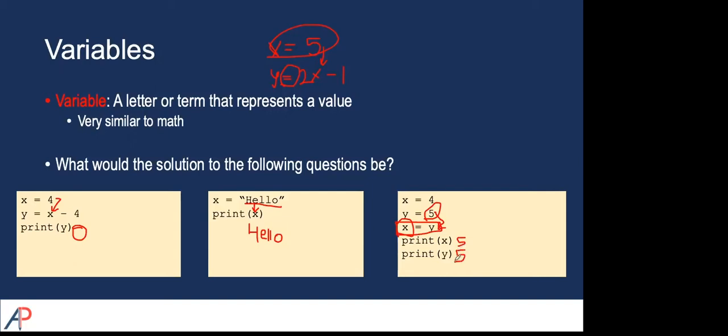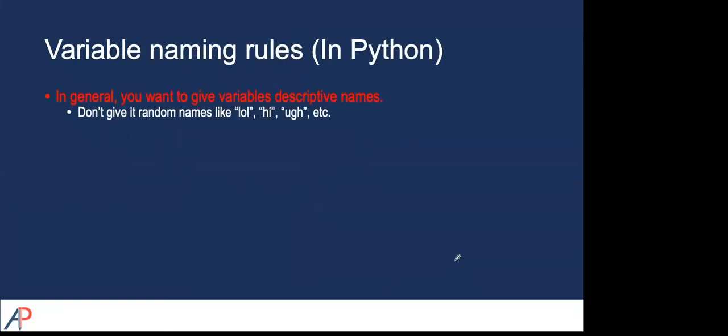When it comes to variables, however, there are naming rules. You can't just name a variable whatever you want to. I wish we could, but unfortunately you cannot. So let's talk about the naming rules of Python. First off, you want to give variables descriptive names. That way you know exactly what the variable is supposed to be doing when you look at your code.